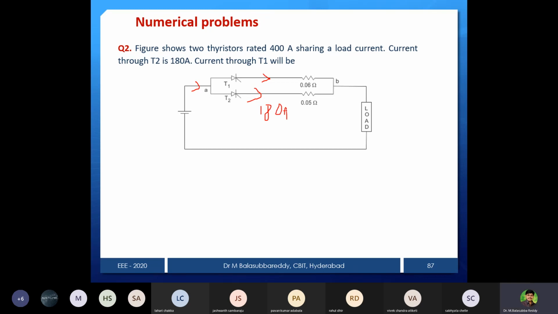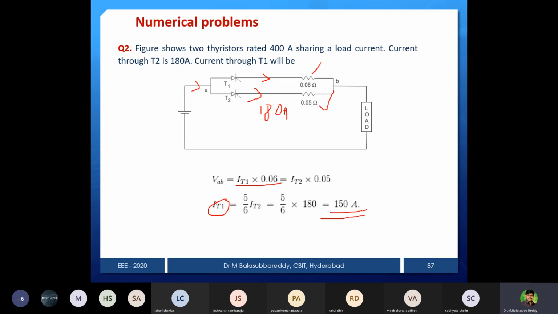Now we can see that these are not the same. That's why automatically the current shared by one SCR will differ. It will not be equal, based on this drop. The resistor is already connected. Now the formula will be like this. You can see the current into that resistance, and from that we'll get IT1, and that will give us 150 amperes.